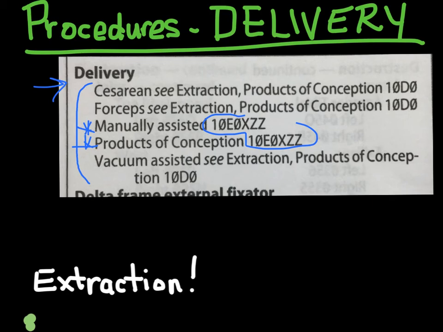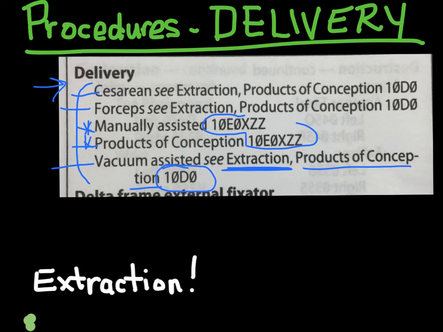On the other hand, the subterms of cesarean or forceps or vacuum, those are telling you to code to the root operation of extraction. And then our body part character, when we get to extraction in this case, is products of conception, and it leads us to this 10D table.